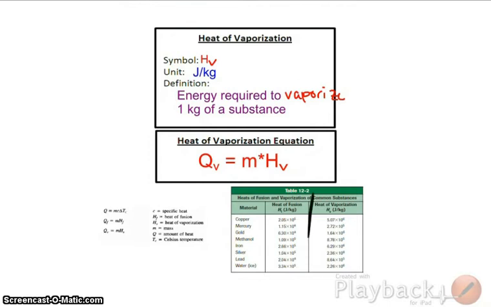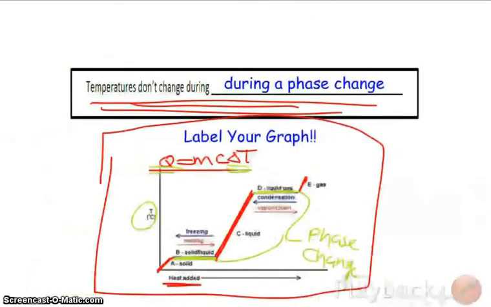Okay, we have our own constants for it, and it's the same equation, just Hv instead of Hf. So if we were to go back to our wonderful table, here you would use Qv equals m Hv.